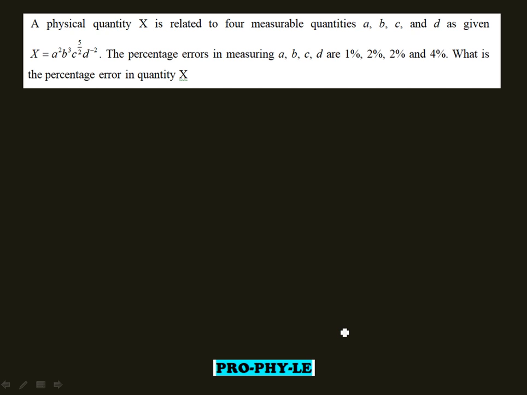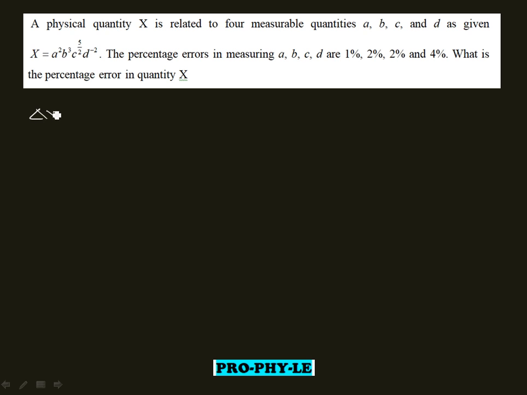Now the next question is like this: a physical quantity x is related to 4 measurable quantities a, b, c and d, and they are related as x is equal to a square b cube into c power 5 by 2 into d power of minus 2. The percentage errors in measuring a, b, c, d are given. What is the percentage error in quantity x?